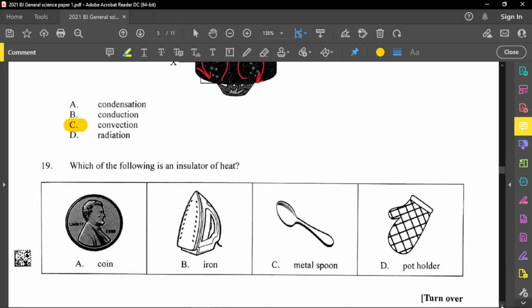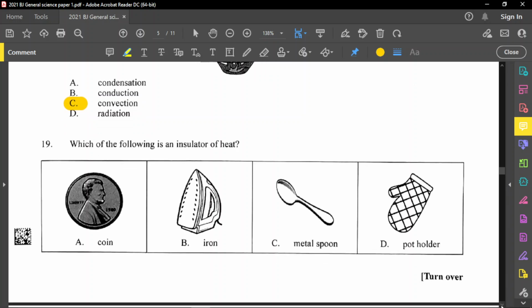All right, number 19, it said, which of the following is an insulator? An insulator of heat, to be specific, because an insulator is anything that prevents something from passing through it. In this case, it is heat. So an insulator of heat will prevent heat from passing through it. And so a coin is made of metal, so definitely that is a conductor. Iron here depends on which part they're talking about.